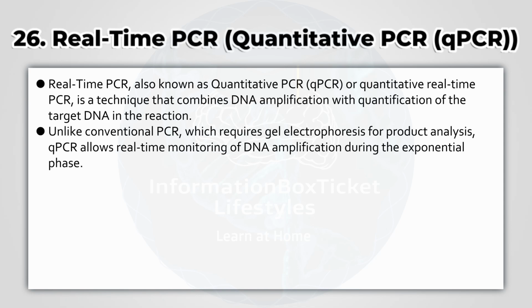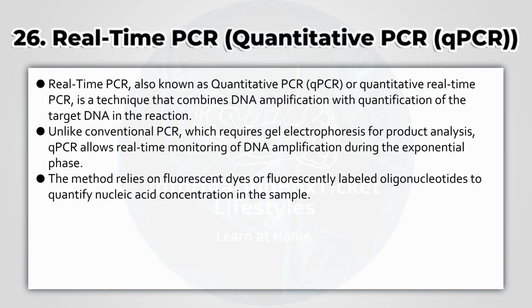Unlike conventional PCR, which requires gel electrophoresis for product analysis, qPCR allows real-time monitoring of DNA amplification during the exponential phase. The method relies on fluorescent dyes or fluorescently labeled oligonucleotides to quantify nucleic acid concentration in the sample.